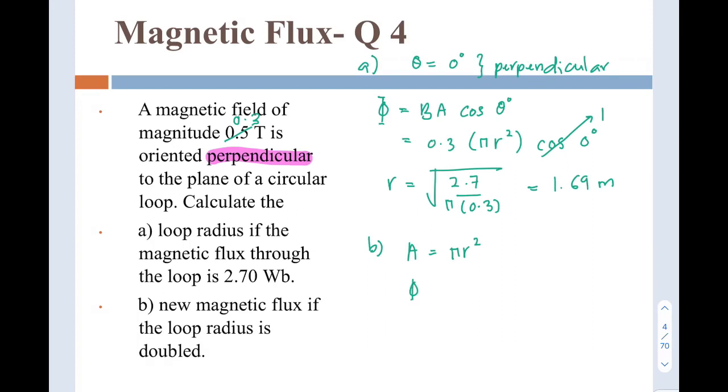Therefore, your new flux is 4 times the original flux. This is B new, which is equivalent to 4 times 2.7 Weber, which gives you 10.8 Weber.